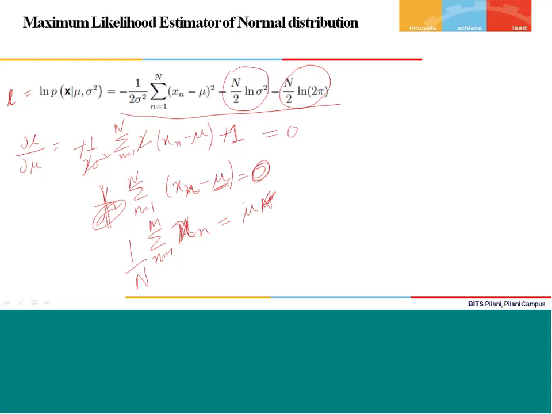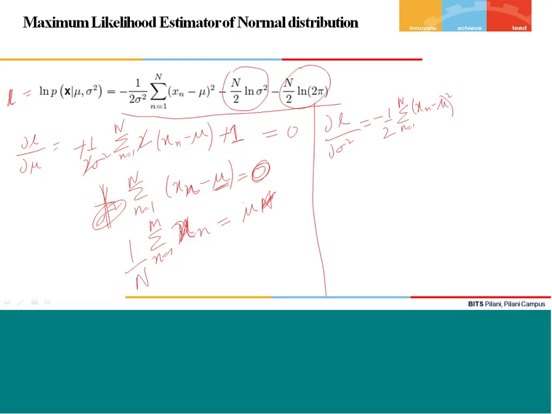And likewise, for the maximum likelihood, you differentiate this function with respect to the variance sigma square. So this term will be the same, minus half, sum from n equals 1 to n of x n minus mu square.